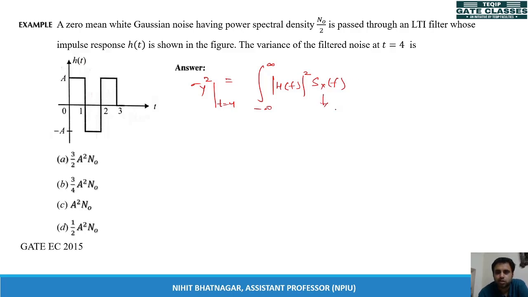Okay, this is equal to N naught by 2. So N naught by 2 is a constant, it comes out from this integration from minus infinity to plus infinity mod H of f whole square df. Okay, now we know one relationship, that is Parseval's relationship.